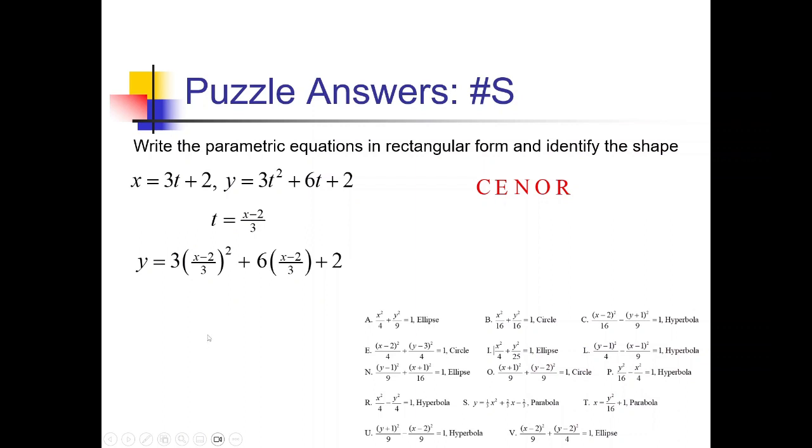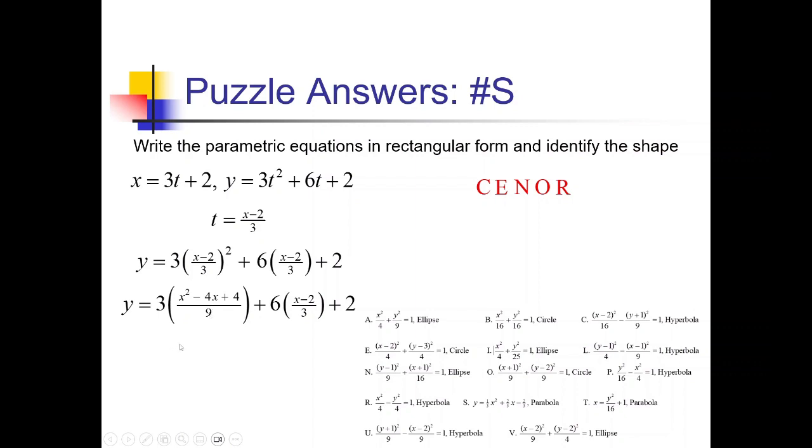I have some simplifying to do if I want to see if this is the equivalent of what they wrote here in answer S. But first, before I can really combine anything, let me expand this x minus 2 over 3. Let me actually square this whole fraction here. So we're going to have x squared minus, let's see, this will be 4x because I multiply these and double it. And then negative 2 squared is going to be 4. And the 3 squared gives me a 9 down there.